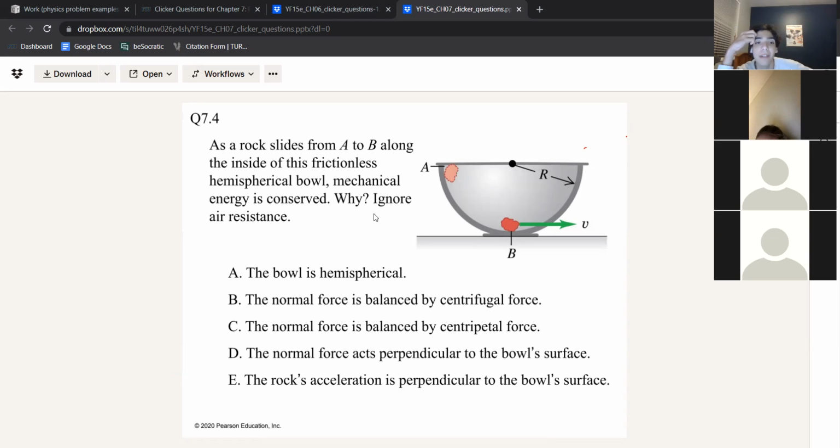Why does this happen? Ignore air resistance. Why is mechanical energy conserved? Anyone want to tackle this? Let's see.